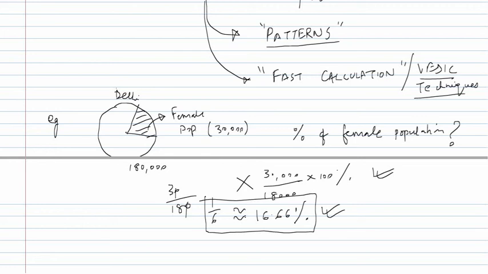If I know that 1 by 6 is 16.66%, the entire calculation becomes very very easy. Otherwise you'll waste a lot of time, and time is money in any exam. So I hope we realize how important this is. ठीक है.